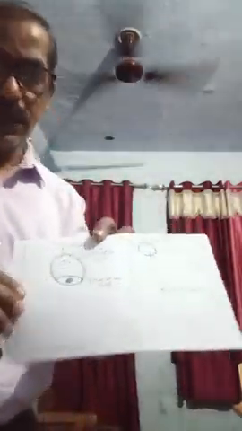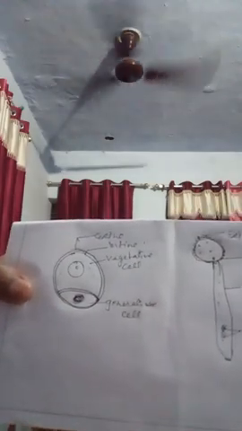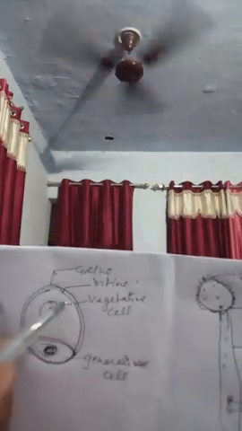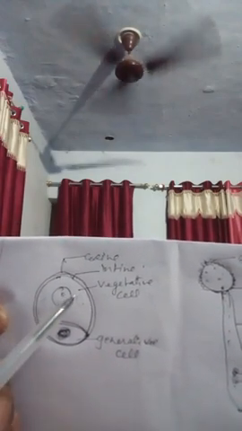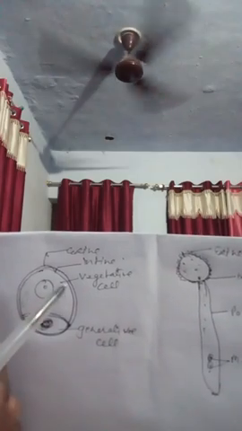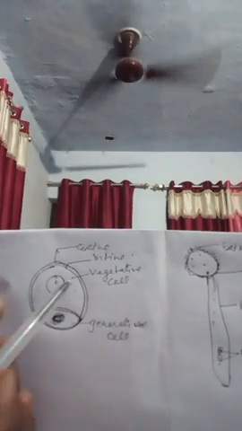Now, the structure of the pollen grain. If you see this diagram, this is the structure of a pollen grain, where you can see that pollen grains have a double layer.